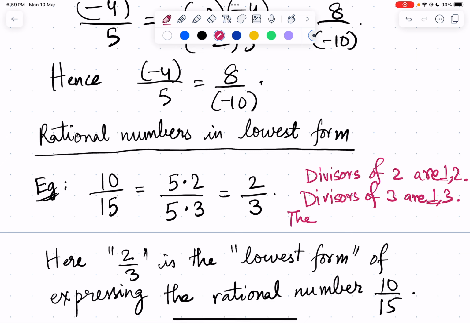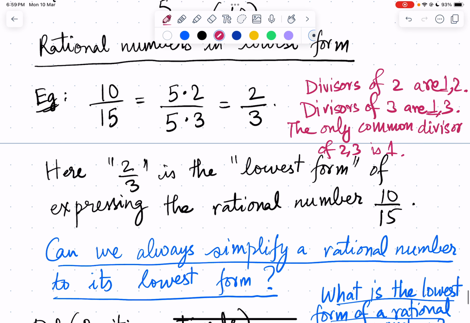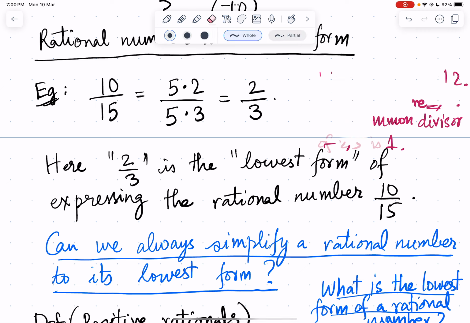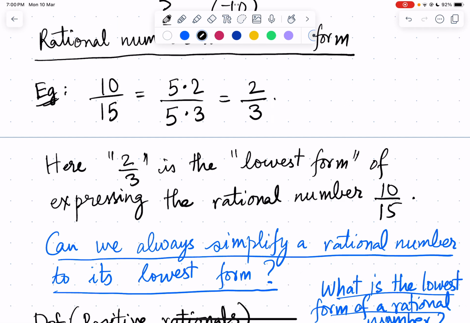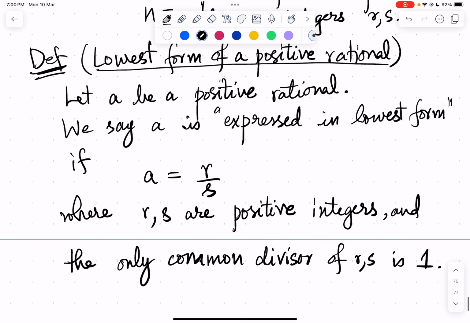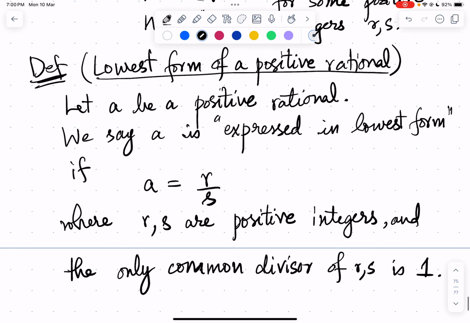The only common divisor of 2, 3 is 1. Hence we say that this 2 by 3 is in its lowest form, a rational number expressed in lowest form. Right, so this is what lowest form of a positive rational is.